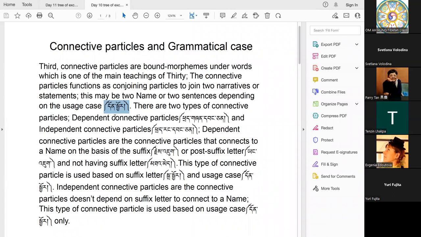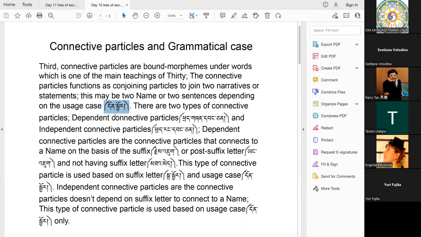So therefore, Tunjur is one of the more important terms here. One of the more important technical terms that we're going to use with this text. It says, what type of sentence requires this particle to be used?